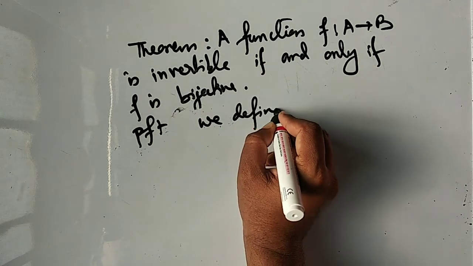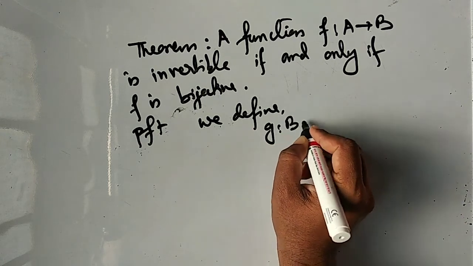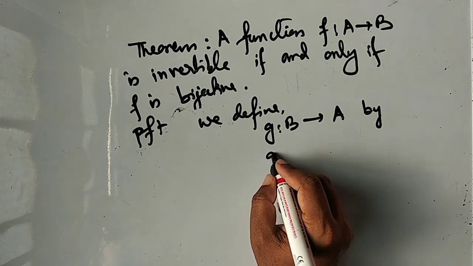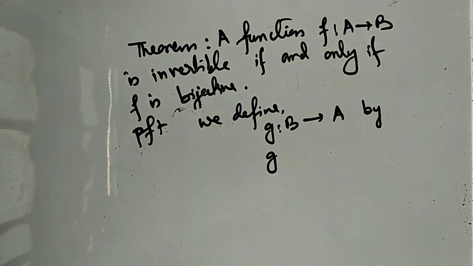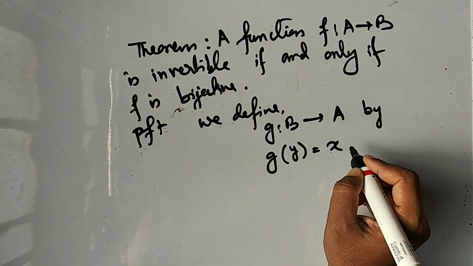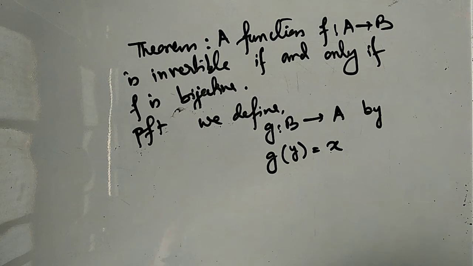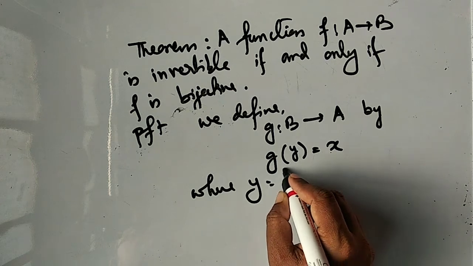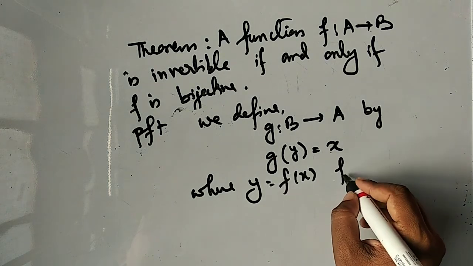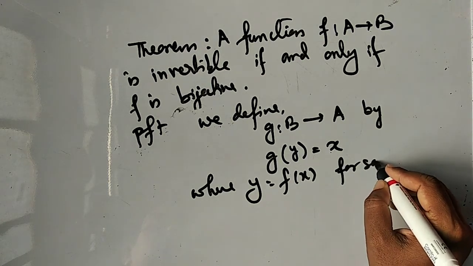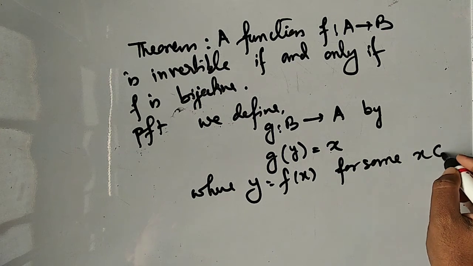We define g from B to A by g of y is equal to x, ठीक है, where y is equal to f of x for some x belongs to A.